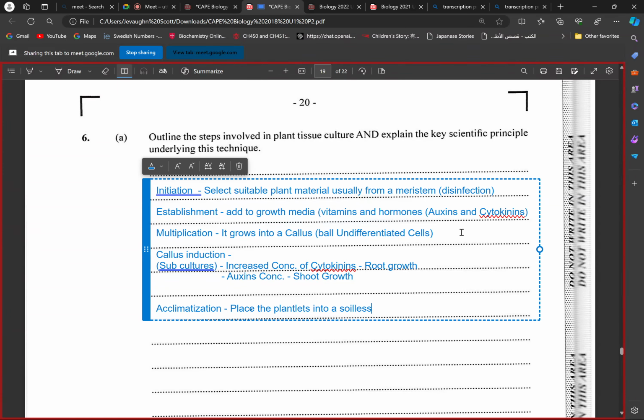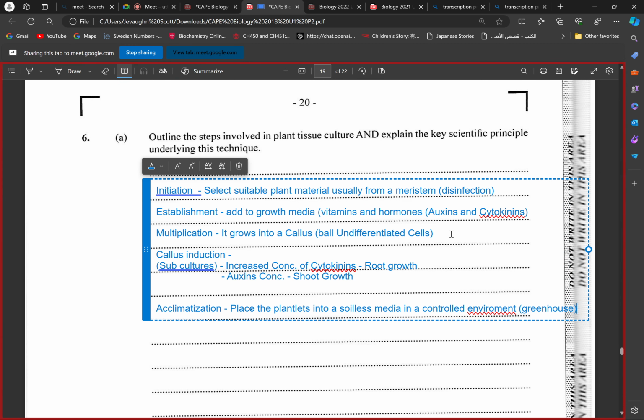Okay, so we take it out of that environment and put it into a soilless media in a controlled environment. And this is usually in a greenhouse, right? Lovely.